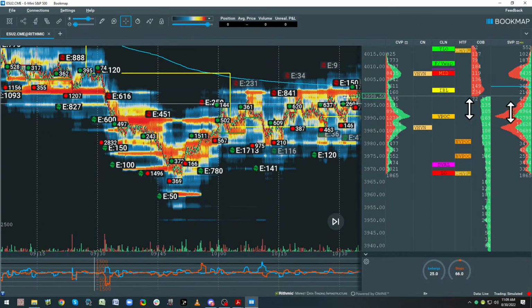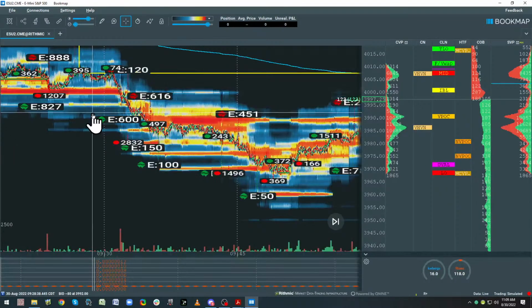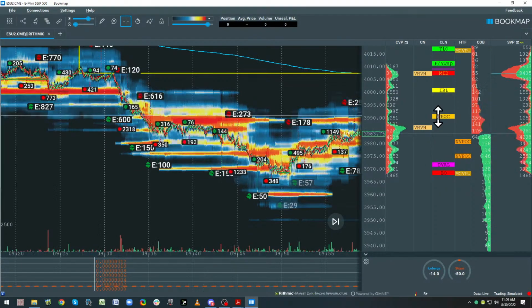Where are the stops? Out here on the outside edge. So what do we have? Mid IB VWAP. So this becomes an area that I think is very vulnerable to the potential squeeze. Why? Buy stops.